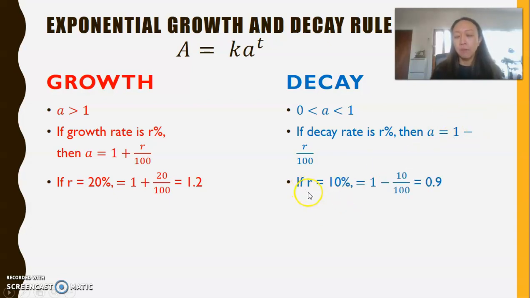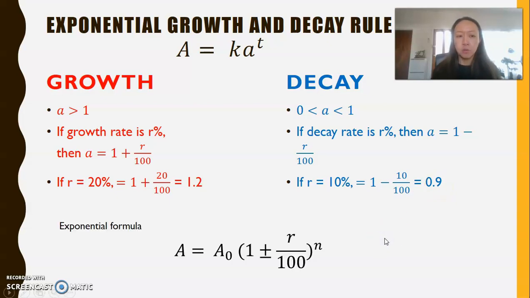So if r equals 10%, then 1 take away 10 over 100 is 0.9. So we can see the difference between growth and decay is that the growth function will have a value that's more than 1, and the decay will have a value that's between 0 and 1. If we look at 0.9, we know that it has decreased by a rate of 10%.